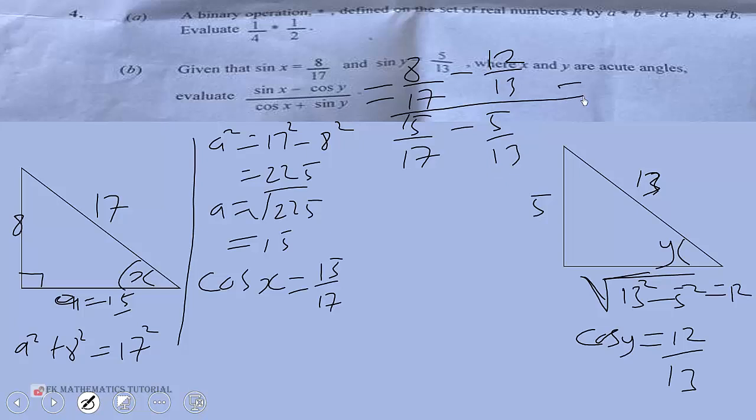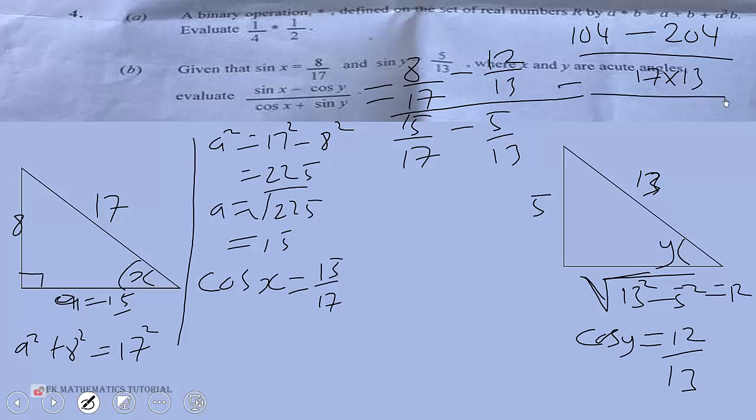So we find the LCM, which is 17 times 13. Now 17 will go here, 13 times 8 is 104. So 104 minus 13 times 12 will give us 204.